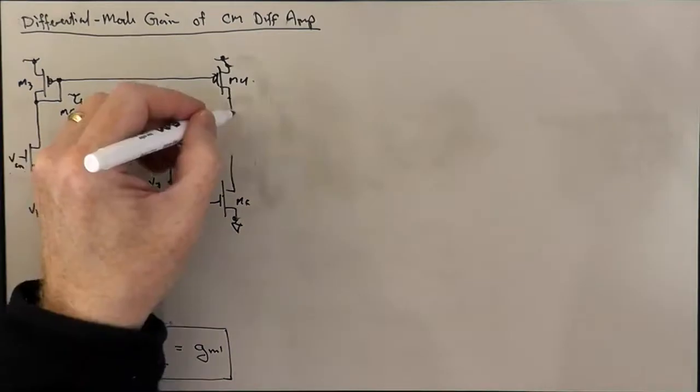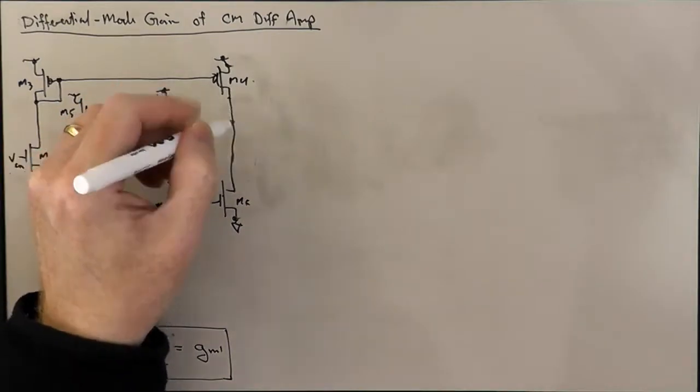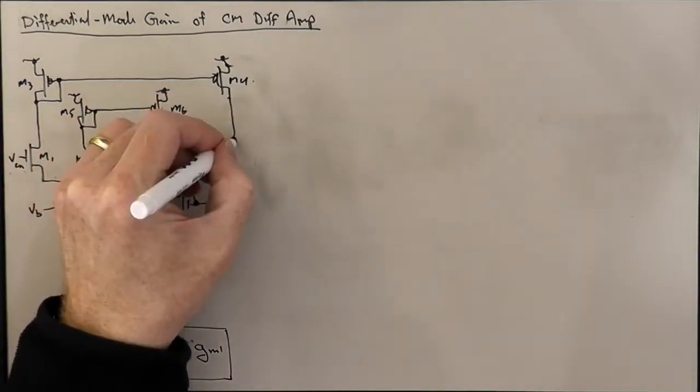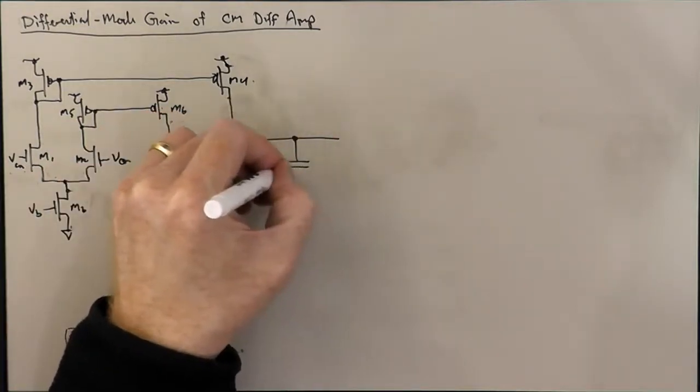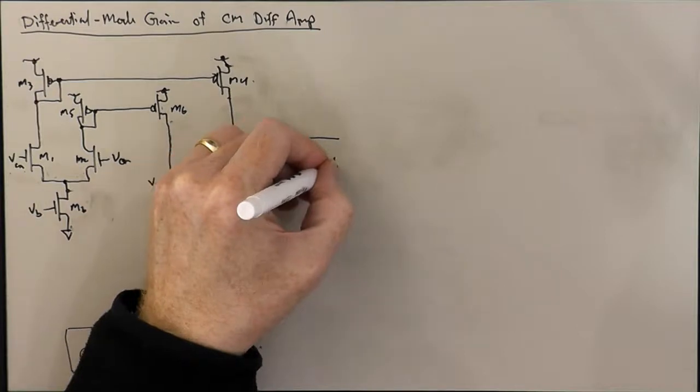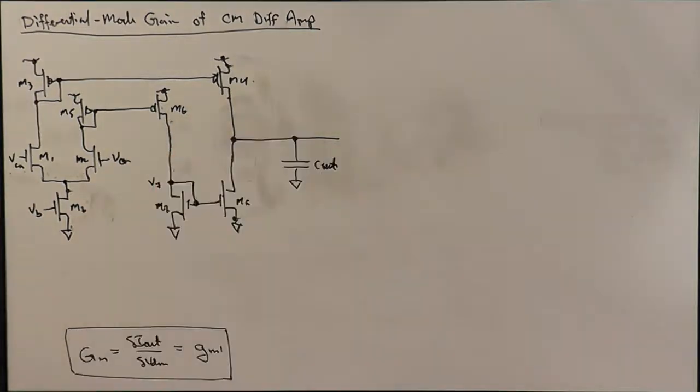What would be different if we stuck a capacitor on the output of the circuit? As you're actually doing in lab this week. All right, so we're going to go through this a little more quickly.